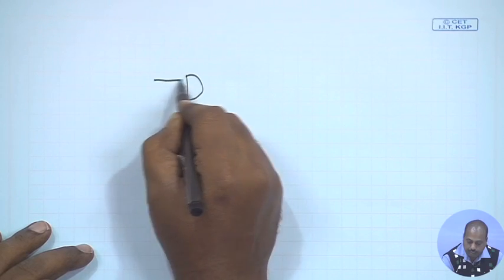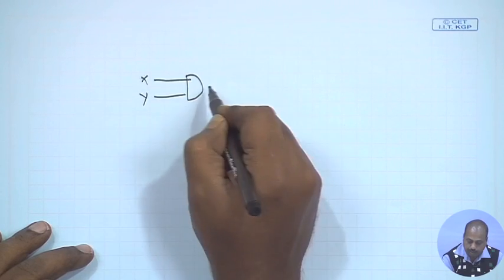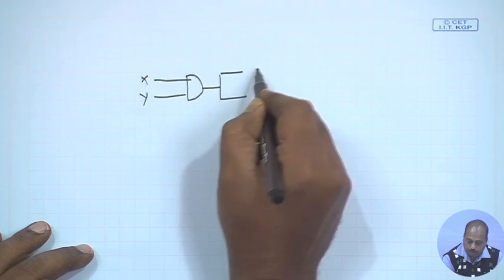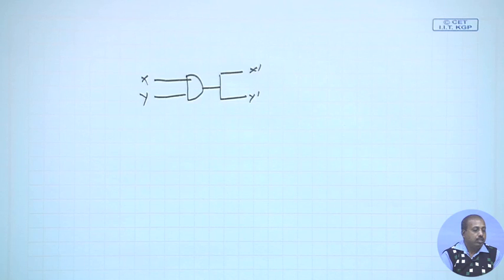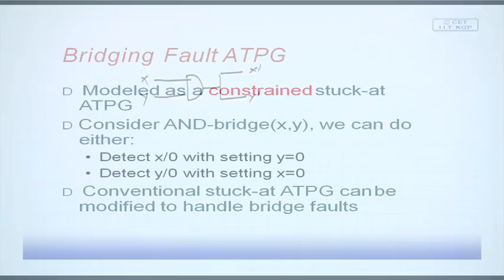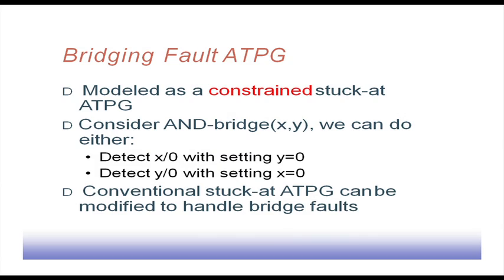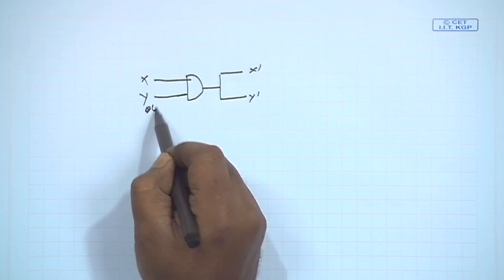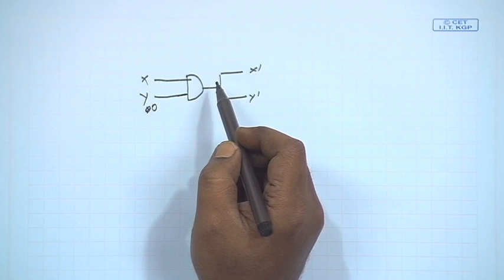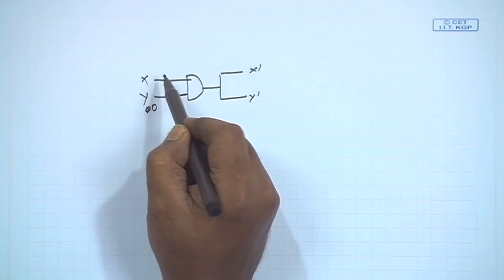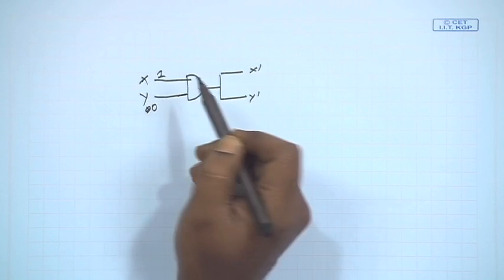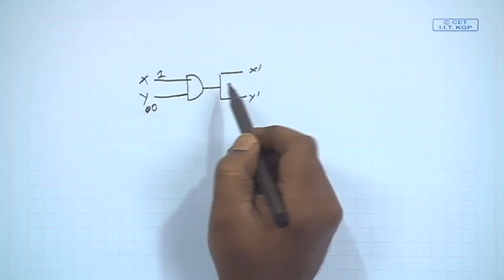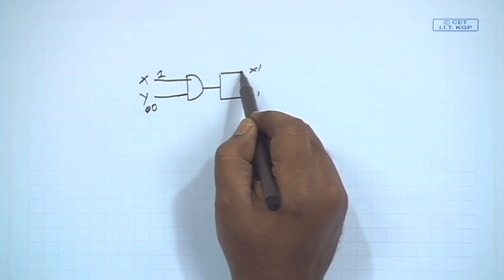The situation was like this: x and y were coming and going to the lines x dash and y dash. Now, we detect the x stuck at 0 fault with the setting y equal to 0. So, y is made equal to 0, and under that condition we try to detect x stuck at 0. To detect x stuck at 0, we put a 1 at this point and observe the outputs x dash and y dash.